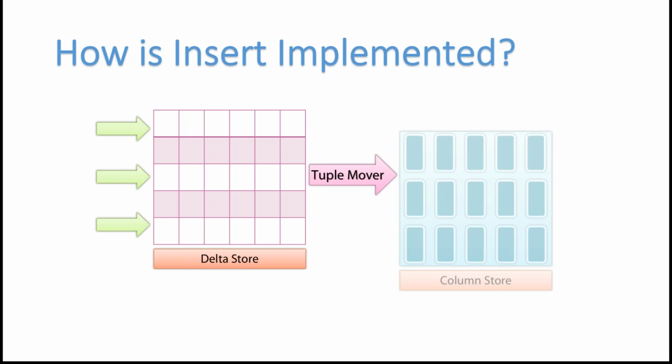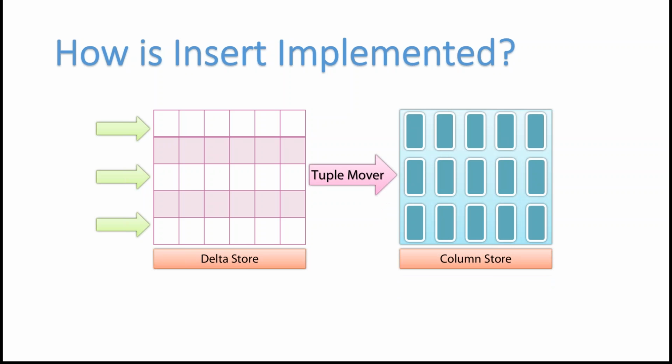So as we said, the data goes into the delta store, and every so often there's an object called the tuple mover that wakes up and moves the data into the columnstore. Now this tuple mover is a very lazy guy.